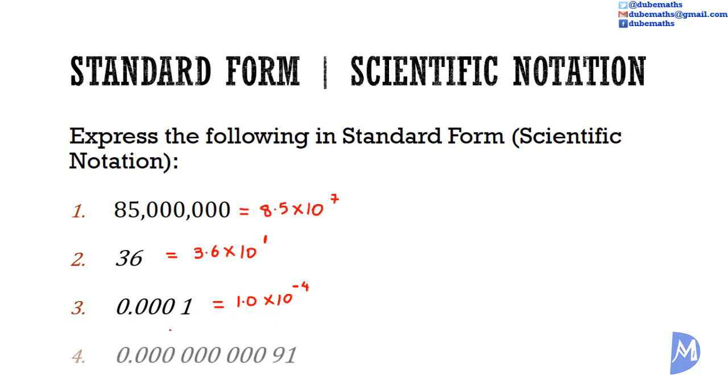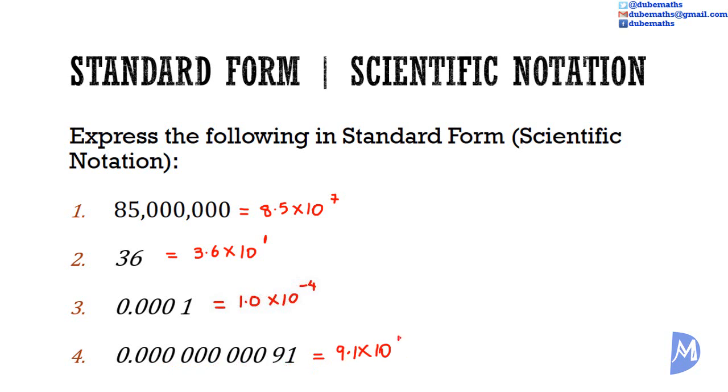And a last example, 0.00000000091 in standard form is equal to, we want one digit before the decimal point that isn't 0. So we move it to here, 9.1. And we multiply by 10 to some power. The decimal point is moved 1, 2, 3, 4, 5, 6, 7, 8, 9, 10.